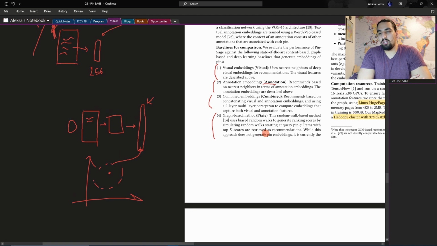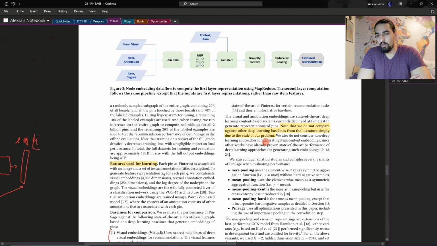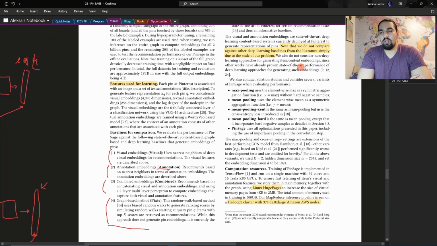That's the method that was previously used in production at Pinterest. And they don't compare with other methods because the scale is so huge that none of the previous methods could be simply used in this setting.